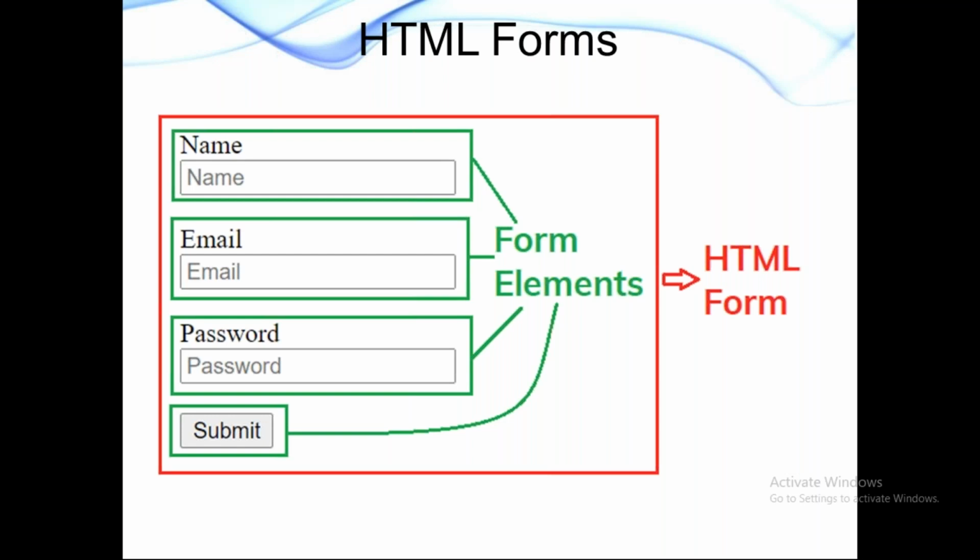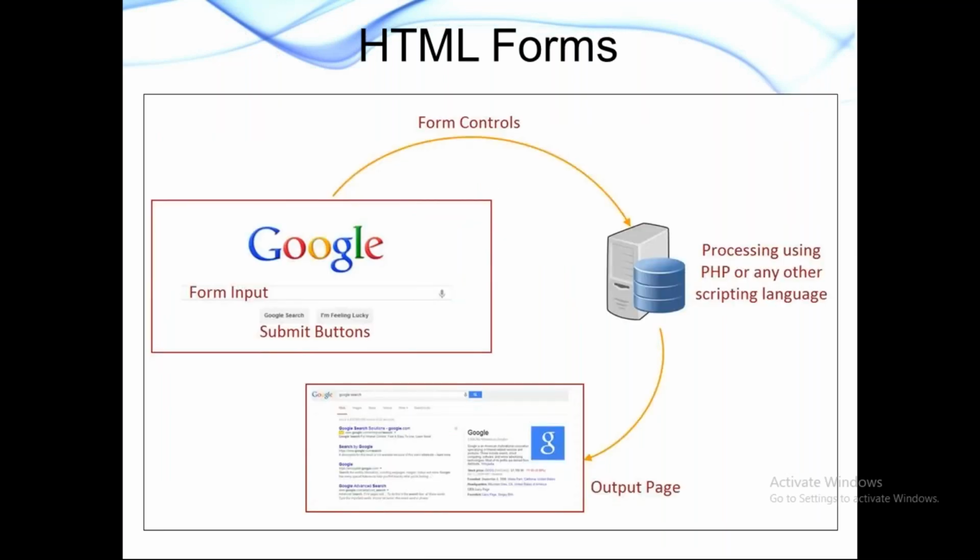So that is what we have been discussing in the past 2-3 classes. Now a form will have different form elements. The form element can be a text box, an email field, or a password field. It can be a date, time, everything.